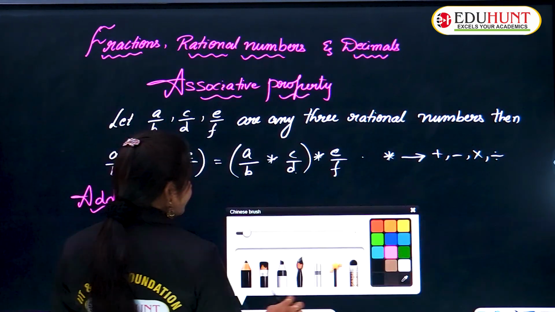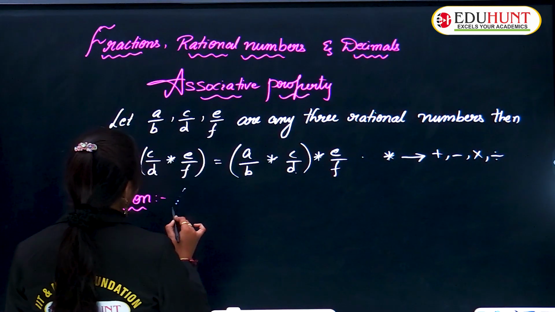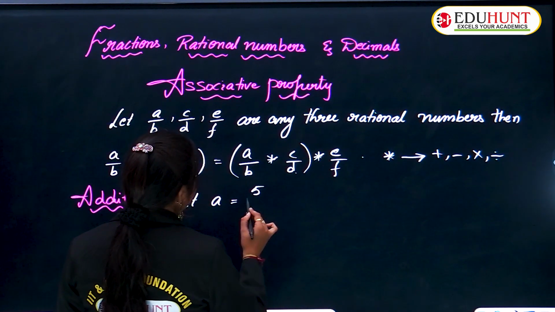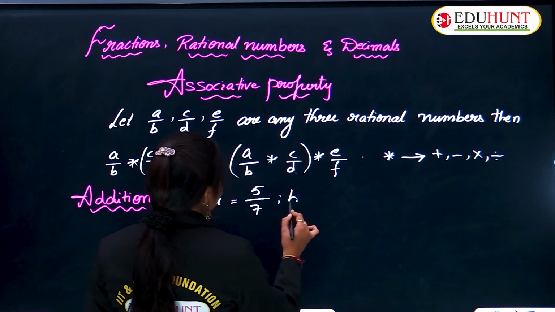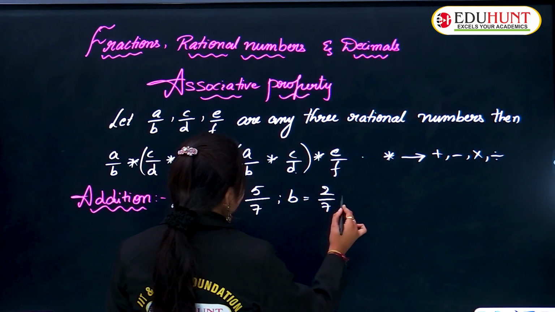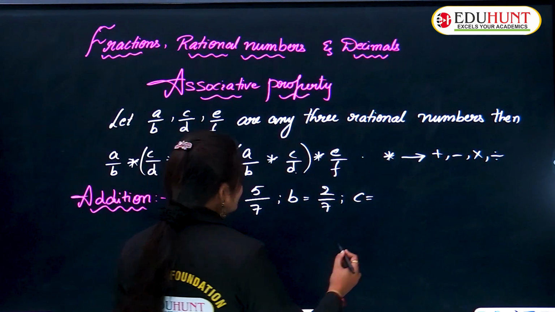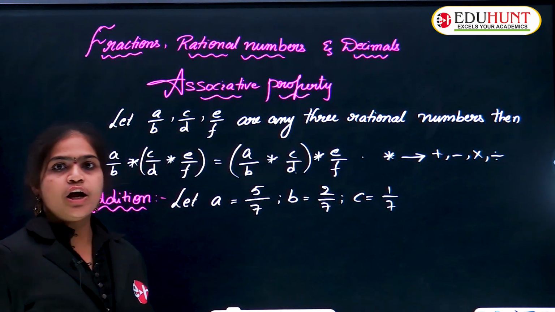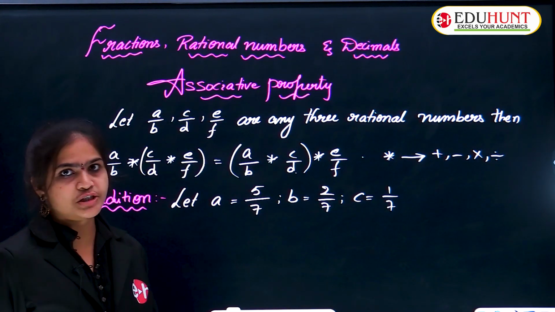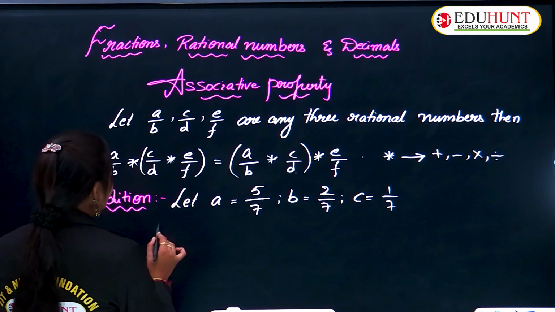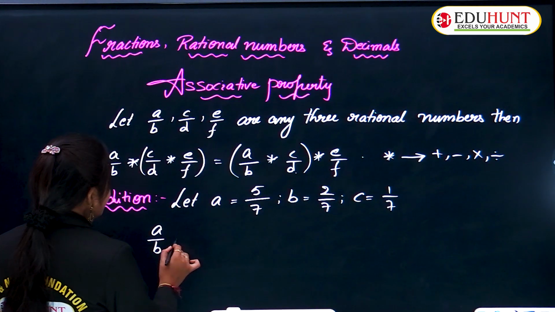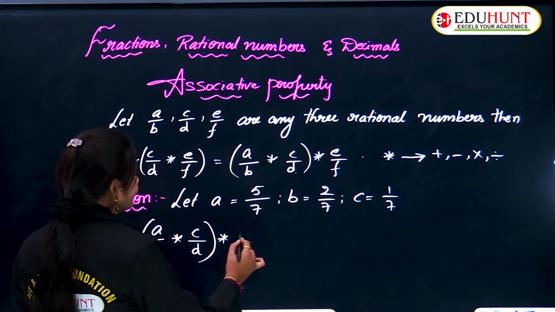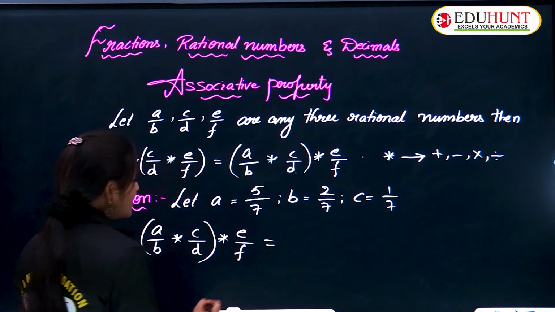See here. Let A equal 5 by 7, B equal 2 by 7, C equal 1 by 7. How many numbers have we taken here? Three rational numbers. Now A by B star C by D star E by F. First simplify it.